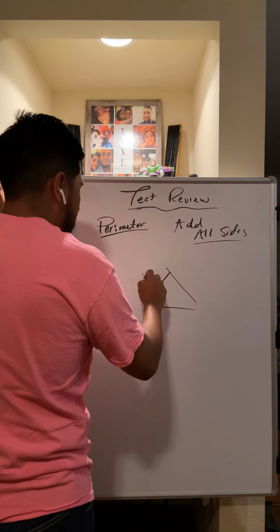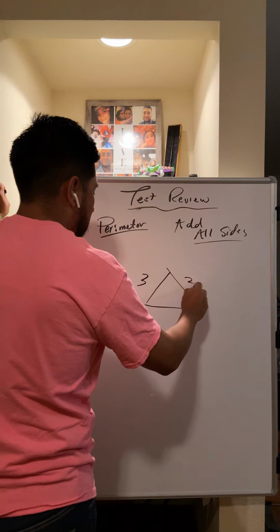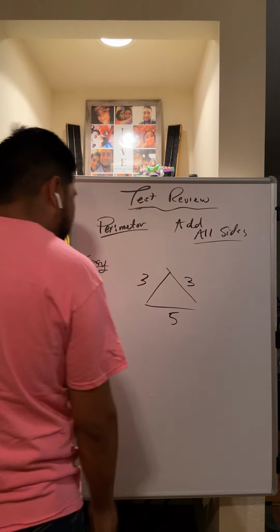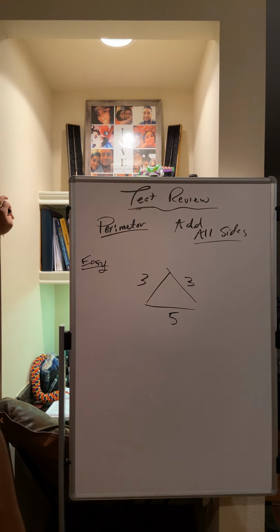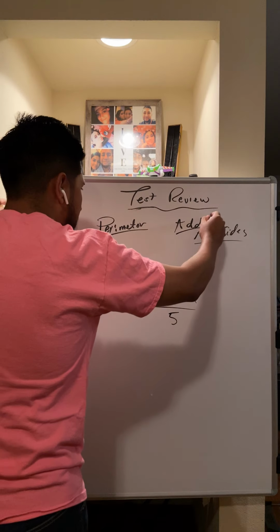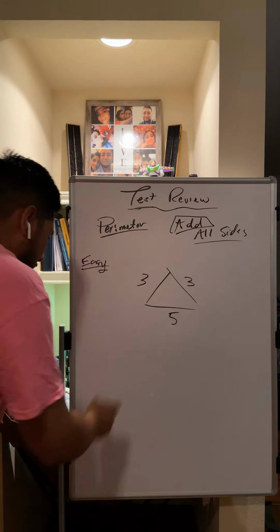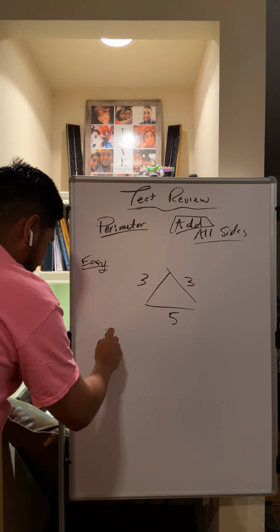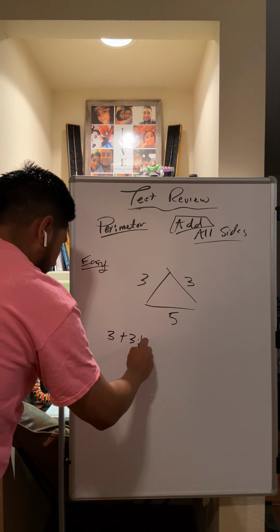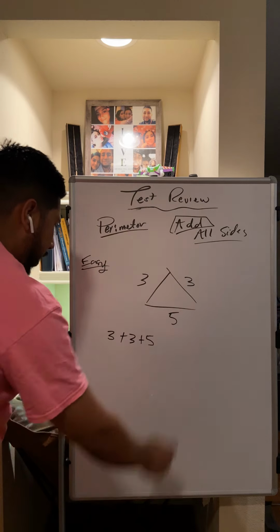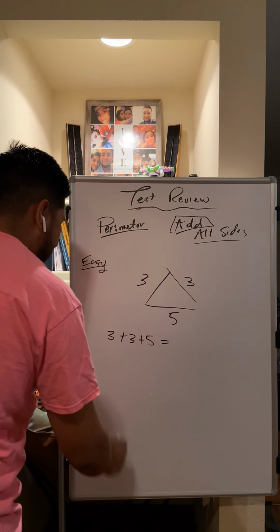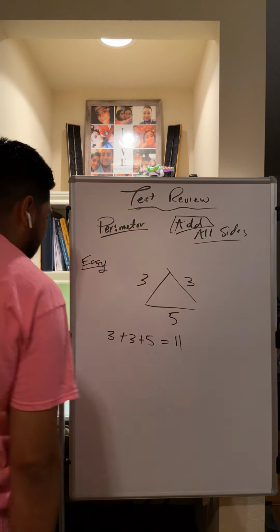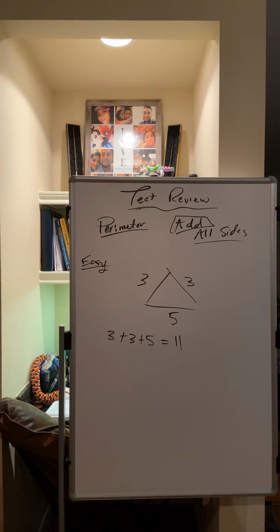Let's say this is 3, 3, and 5. What do you do with that triangle? You add. You can even add it straight up, or I recommend you doing 3 plus 3 plus 5. Hopefully you know how to add that. You should get 11. Not too hard, right? Same thing with algebra.